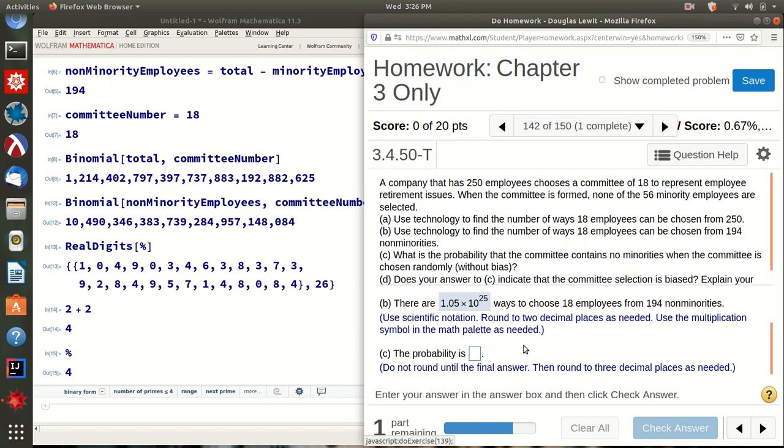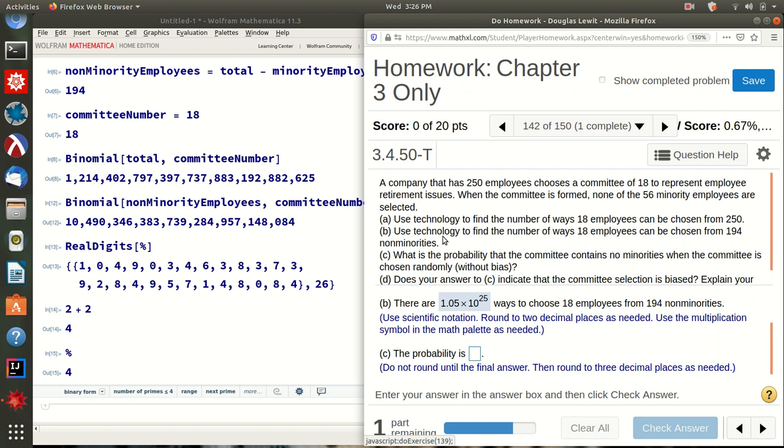Now the question is, part C, what is the probability that the committee contains no minorities when the committee is chosen randomly or without bias? All right, so we need to use the answers from parts A and B. Part A: use technology to find the number of ways 18 employees can be chosen from 250.